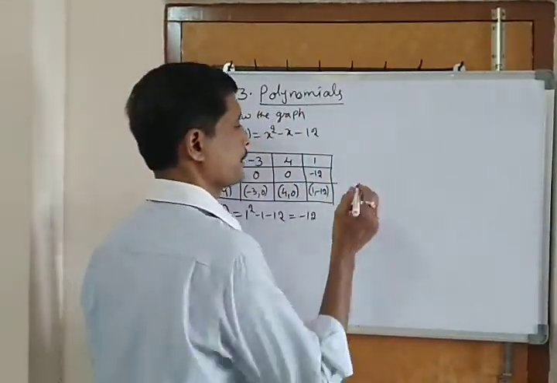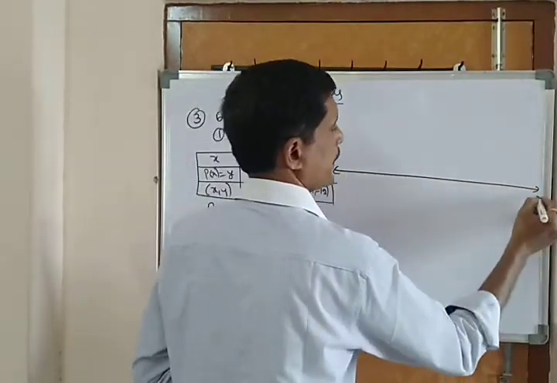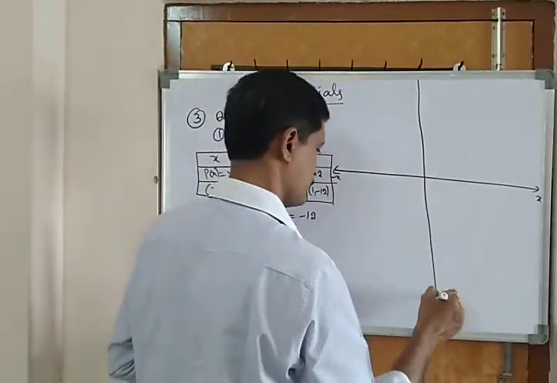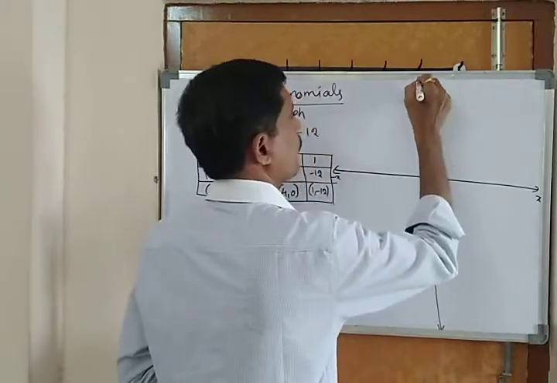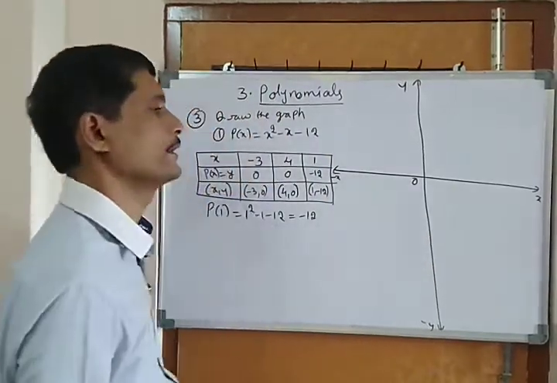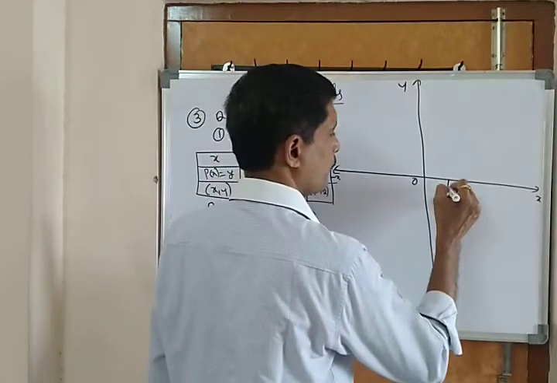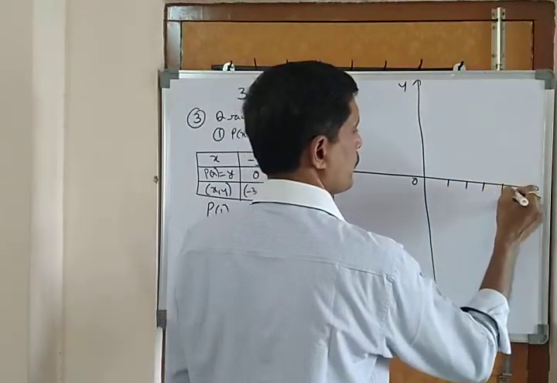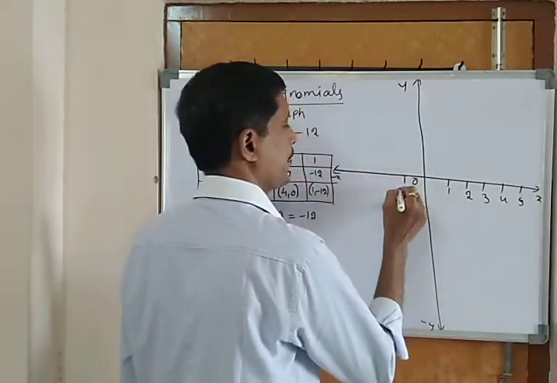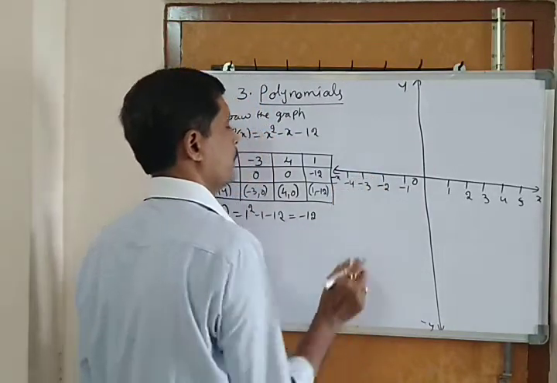You know the horizontal line is the x axis, and the vertical line is the y axis. The point of intersection of the x and y axis is here. On the x axis we have to take 1, 2, 3, 4, 5, and on this side, the negative values, 1, 2, 3, 4.